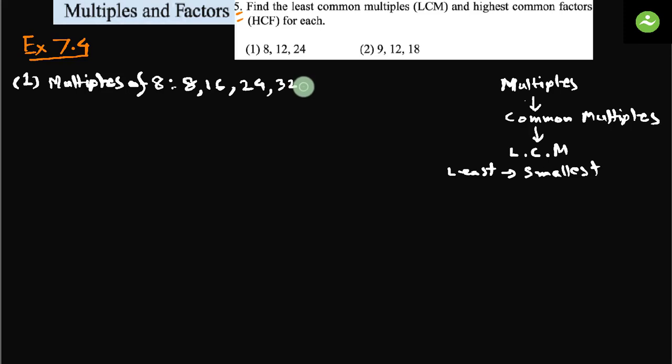And 8 into 5, 40. 8 into 6, 48. Okay, there is no limit. We can keep going, there is no end, and it can go to a crore, lakhs, everything.